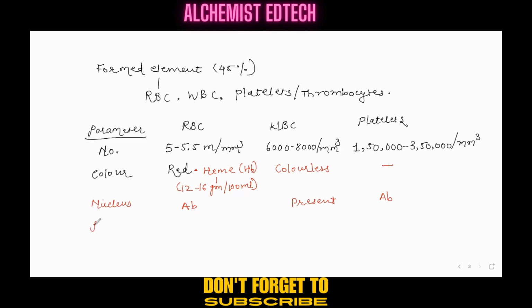Okay. Lifespan. The lifespan of RBC is 120 days. While we will study the types of WBC, each WBC has a different lifespan, but still it is short-lived. Similarly, platelets are also short-lived. Okay. Now we have to see the function of each. The function of RBC is the transport of gases, right?